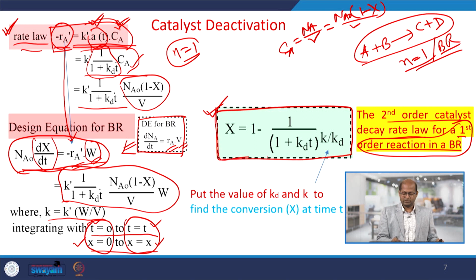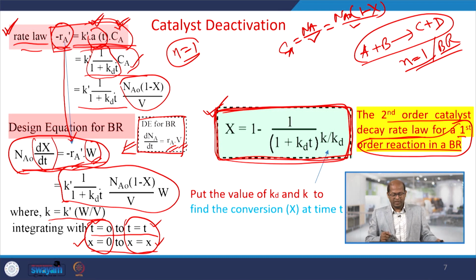This is a combination of catalyst for the reaction as well as catalyst deactivation, both are there, and this is the combined or final equation that we are generating. Here you can see k and k_d: small k is the reaction rate constant, and for catalyst deactivation this is the deactivation rate constant.